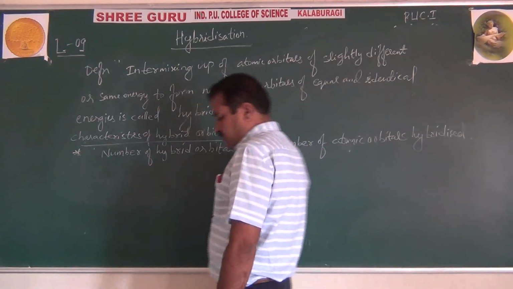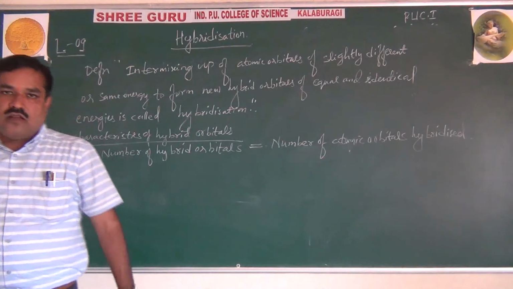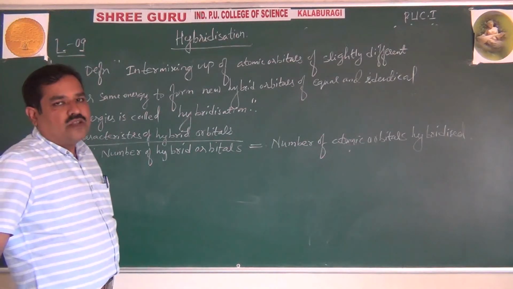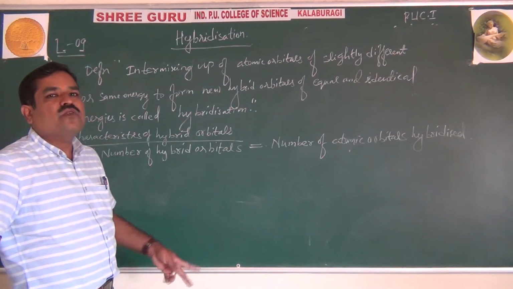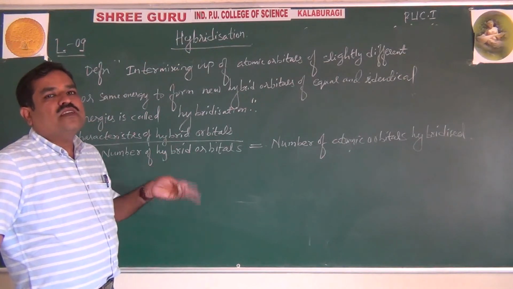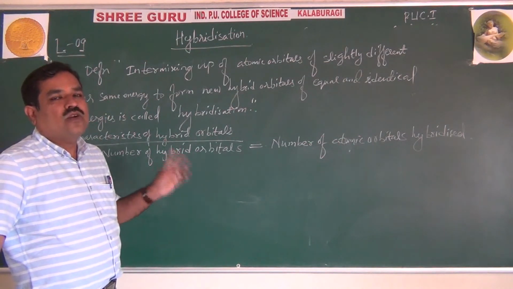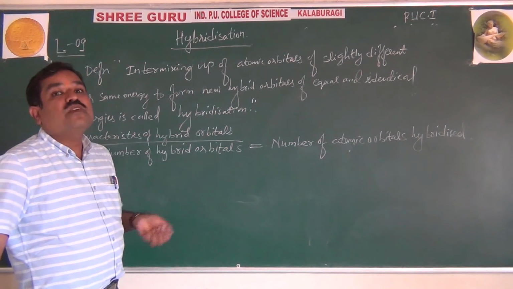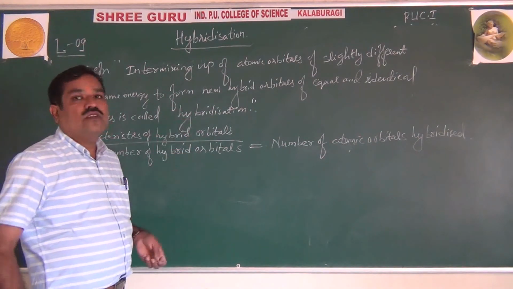If two orbitals are combined, the resultant also will be two hybrid orbitals: 1s and 1p give 2 sp, 1s and 2p give 3 sp2, 1s and 3p give 4 sp3.